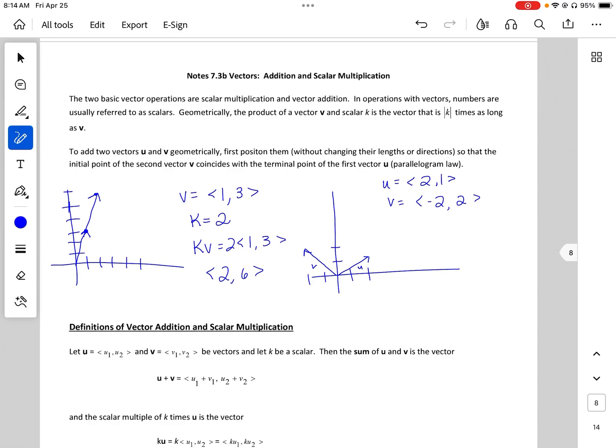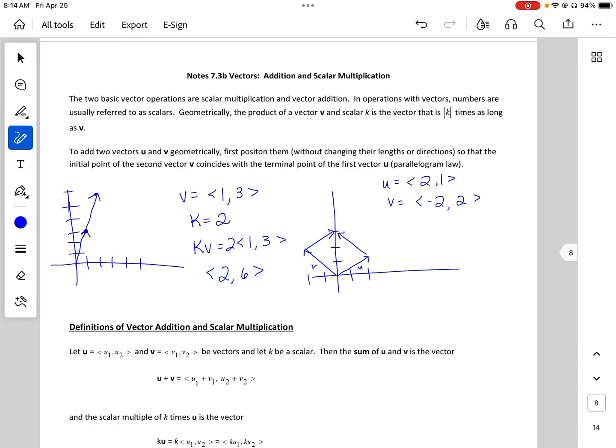So 2, 1 is going to be right here. And then negative 2, 2 is going to be right here. So this is U, this is V. So what we want to do is go back. Let's go in between these.